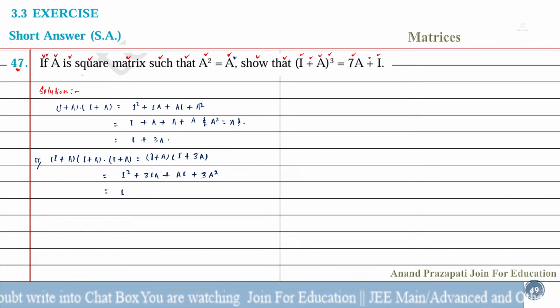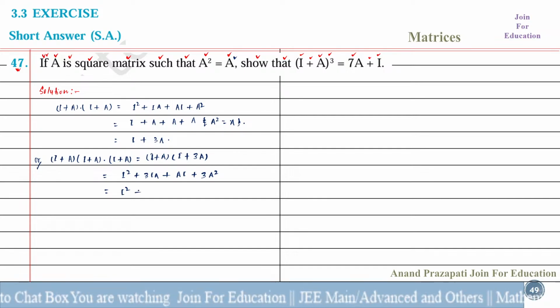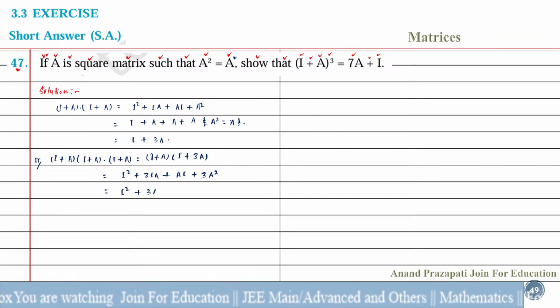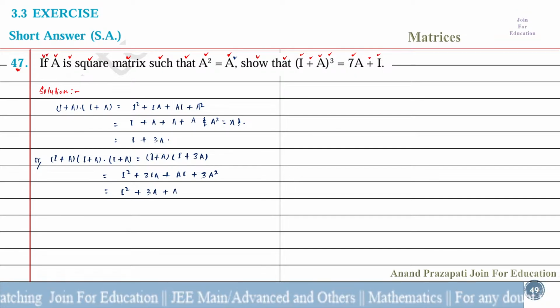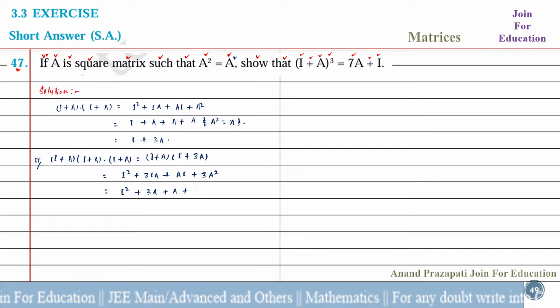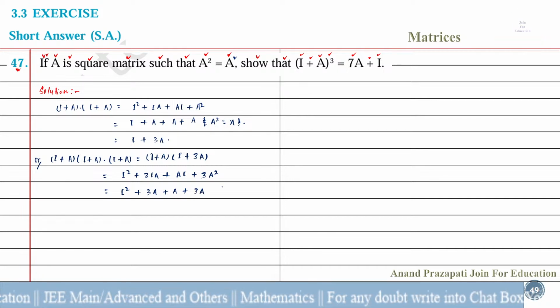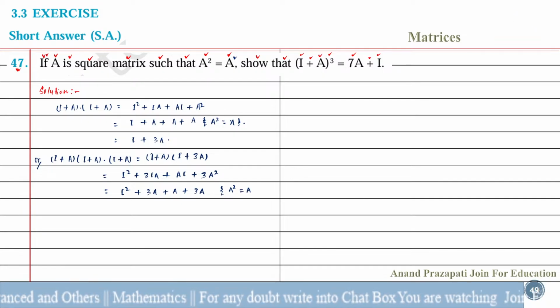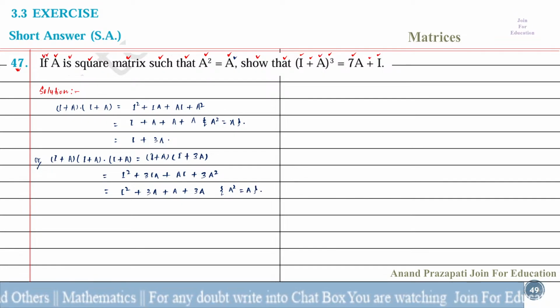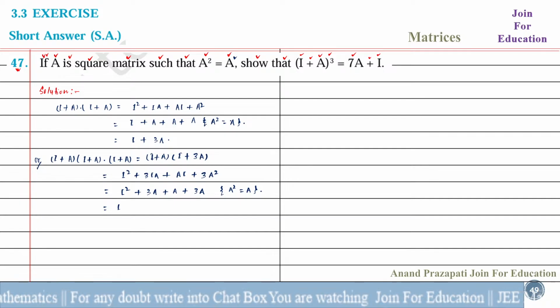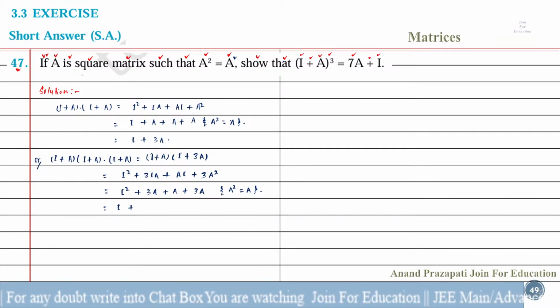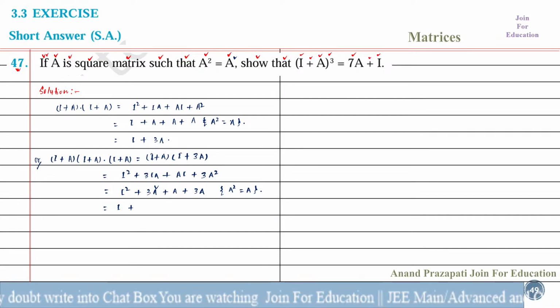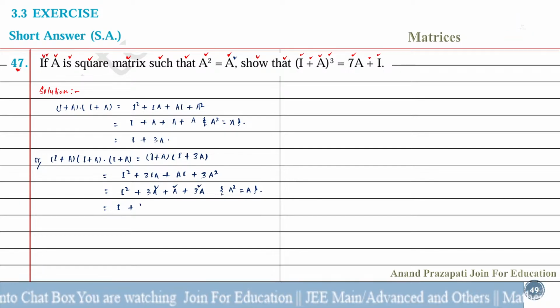Therefore, here will be I square plus 3A plus A plus we write down here 3A square equal to A. This is given in the question. Therefore, we write down here I plus 3, 4 and 3, 7.